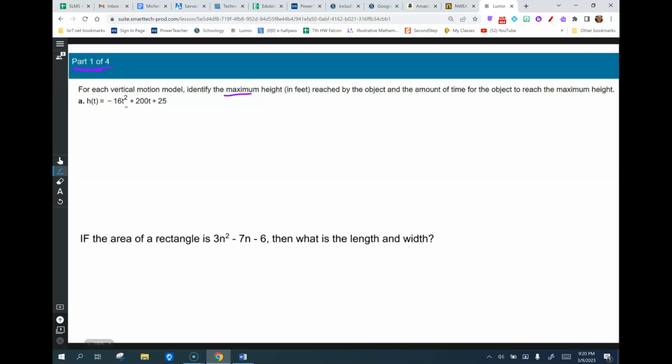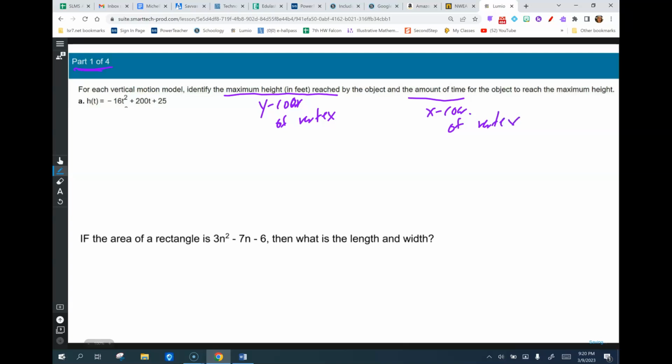So they want the maximum height. We've been doing that. And they want the amount of time. So your maximum height is going to be the y-coordinate of your vertex. And the amount of time is going to be the x-coordinate of your vertex. I'm just giving you those notes so when you get to homework, it won't be so confusing.